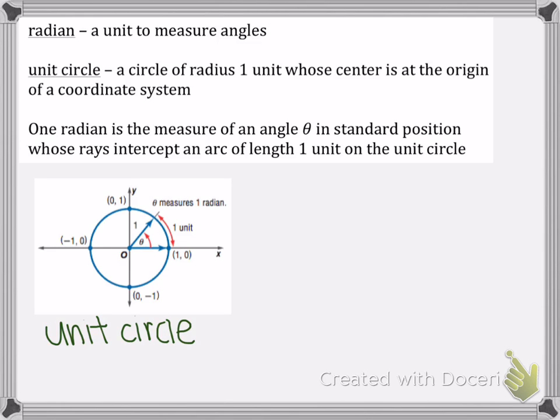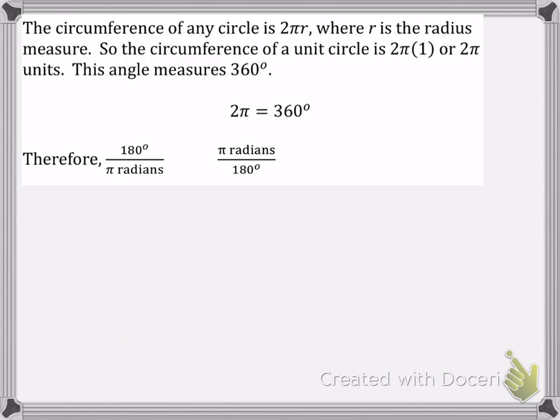1 radian is the measure of an angle in standard position whose rays intercept an arc of length 1 unit on the unit circle. Most of the way we're not going to be thinking about radians in that aspect. Instead, we're going to be thinking about radians in terms of this aspect. We know the circumference of any circle is 2 pi r. We learned that in geometry, where r is my radius.